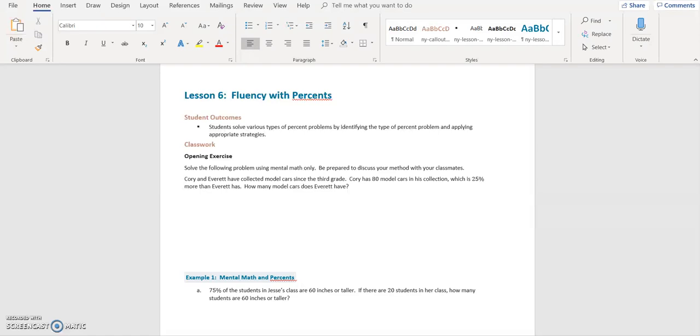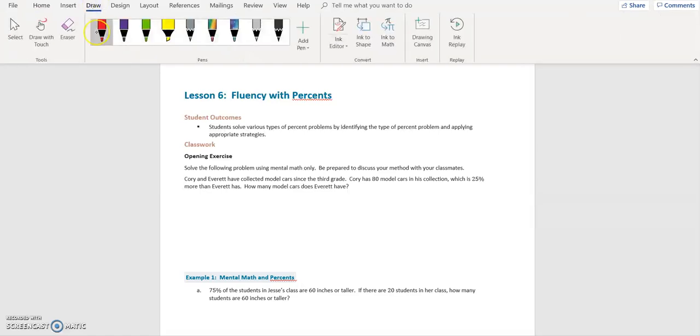Okay, so we know we have our part, our percent, and our whole. 25% more than Everett, so that means Corey we're going to represent by 125%, which would be 1.25.